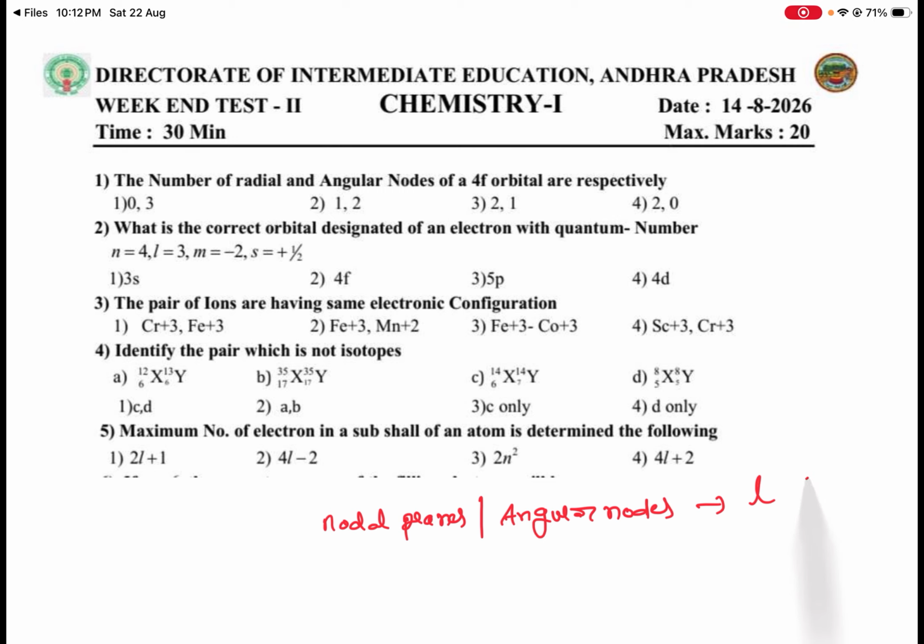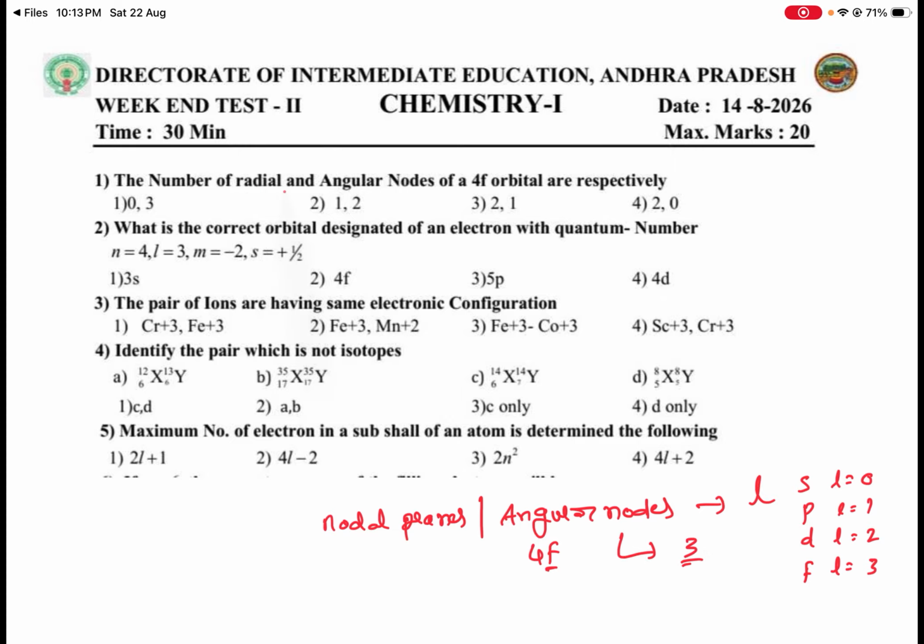For s orbital, L is equal to 0. For p orbital, L is equal to 1. For d orbital, L is equal to 2. For f orbital, L is equal to 3. Here they are asking for the 4f orbital. For 4f orbital, L is equal to 3. Here the number of angular nodes is equal to 3.